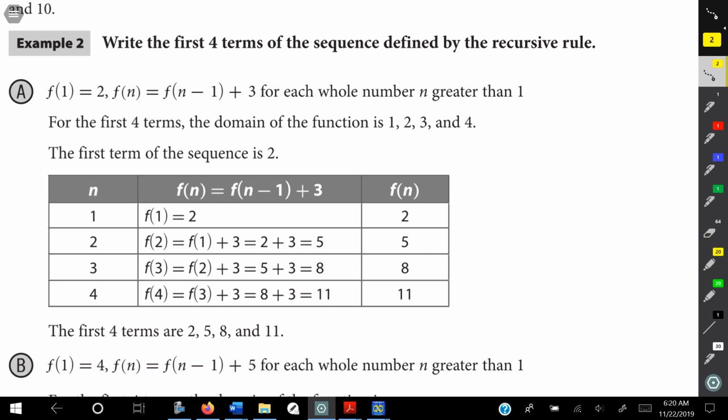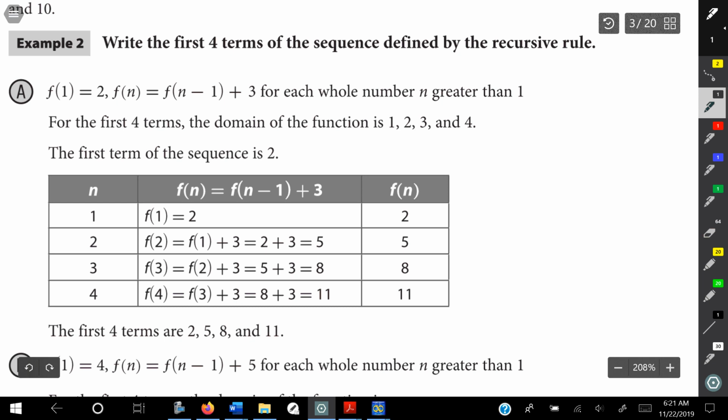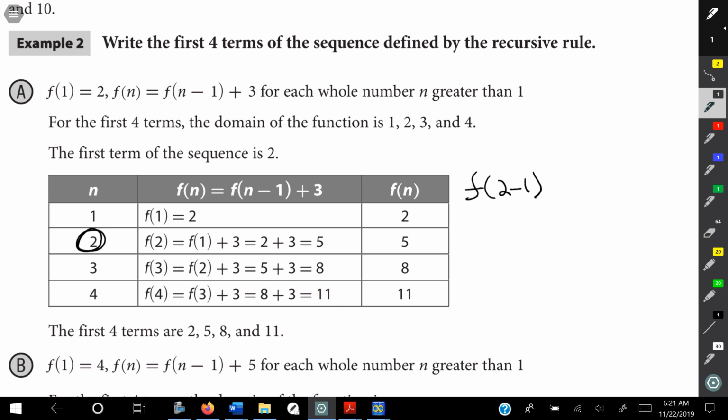Now, what happens is this. Just like we did on the explicit rule, what we did is we plugged in 2 and figured out what it was. So if we plug in 2, our second term, into this, you would have f of 2 minus 1 plus 3.